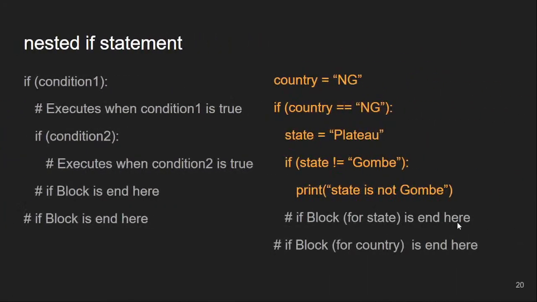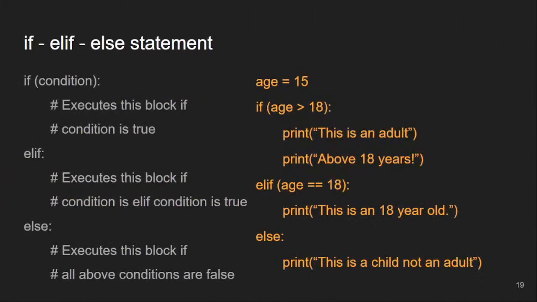Okay, so the only thing you need to be careful of here is that the first condition that is met is what is going to run. So if your code is in such a way that the variable meets two conditions, the compiler is only going to work with the first one that it meets. So make sure that you're very careful with the way that you structure your if, elif and else statements, because the first condition that matches is what is going to run, and then it will skip everything else.